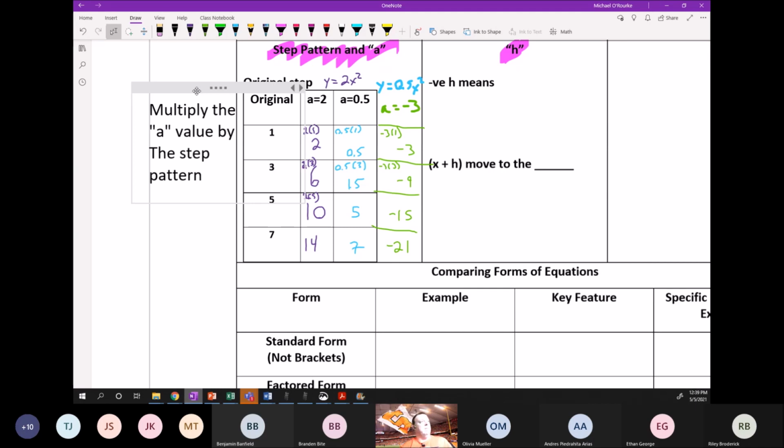Okay? And that becomes our new step pattern.